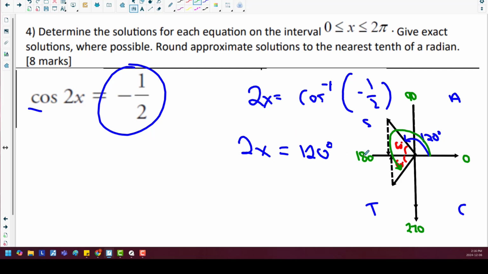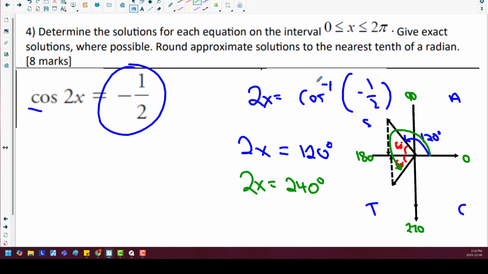So 180 would be pi, and 60 would be pi over 3. So it would be pi plus pi over 3, and that's just 4 pi over 3, in case you're wondering. Or 240 degrees. So 2x is equal to 120 degrees. That's one answer. And 2x is equal to 240 degrees is the other answer.